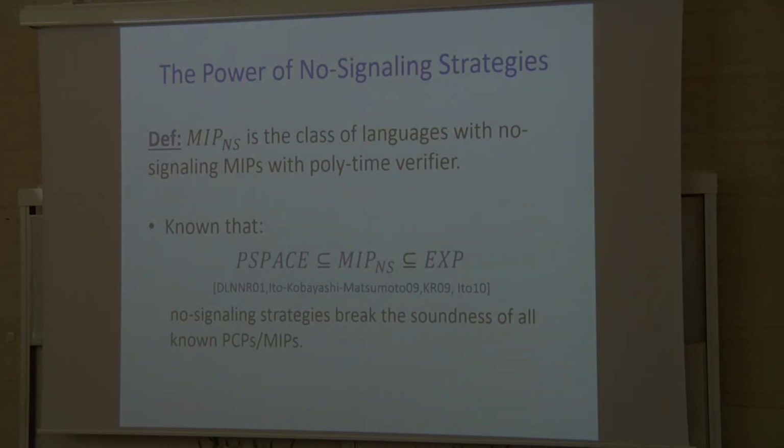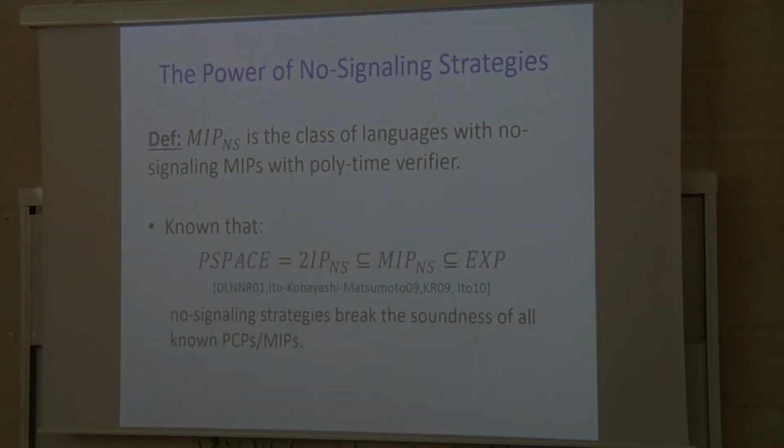Just recall that the standard class MIP we know is equal to NEXP. So this no signaling power that we give to the cheating provers is gaining them a lot, right? We know that we're already limited to EXP. And in particular, all the known PCPs and MIPs that are designed for NEXP are broken by no signaling strategies, just because this class is contained in EXP.